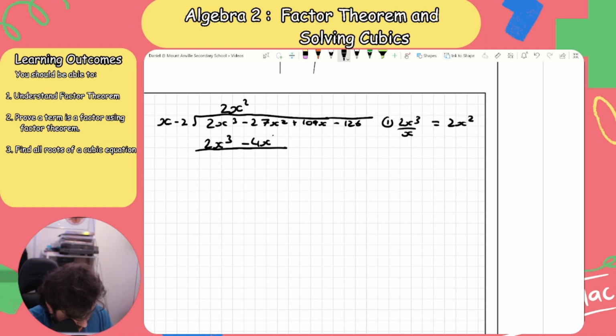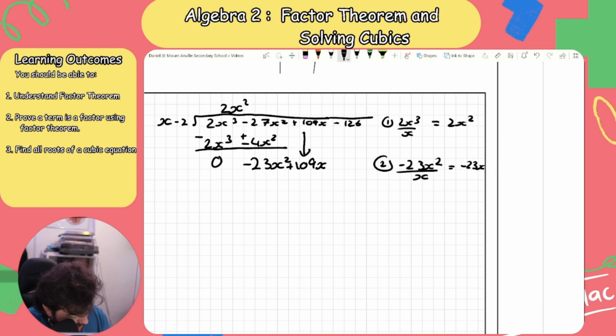2x squared times x is 2x cubed, minus 4x squared. Minus, so that's going to be 0. This is going to be minus 23x squared. Bring down 109x. Minus 23x squared divided by x equals minus 23x. Put that on top. Minus 23x times x is minus 23x squared. Minus 23x times minus 2 is plus 46x.